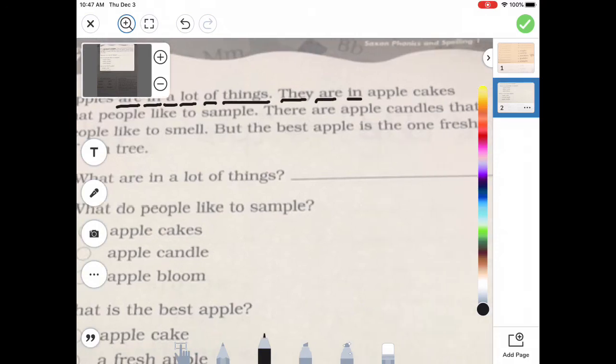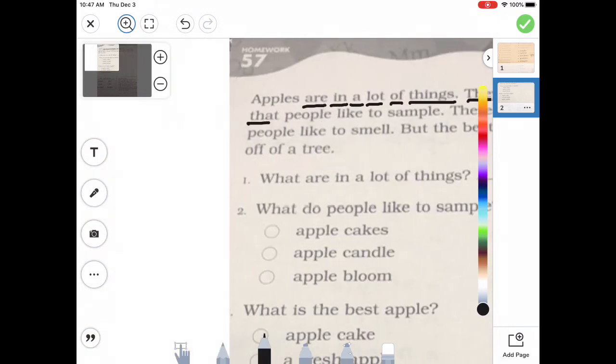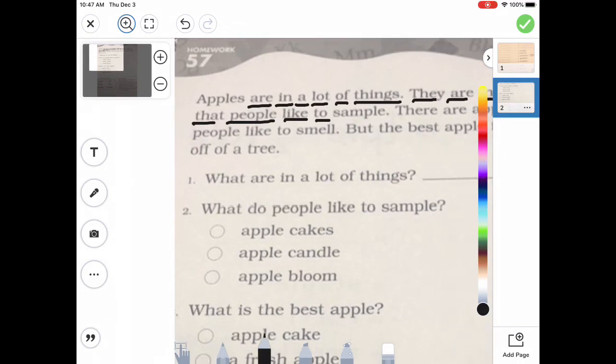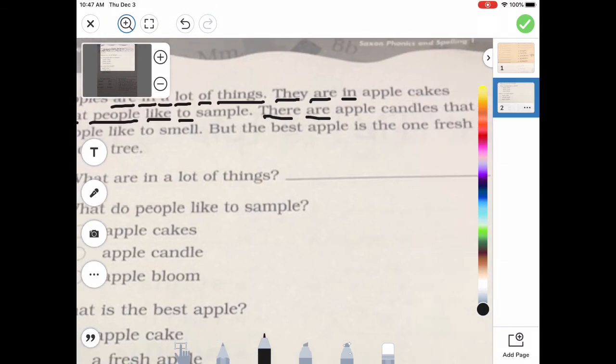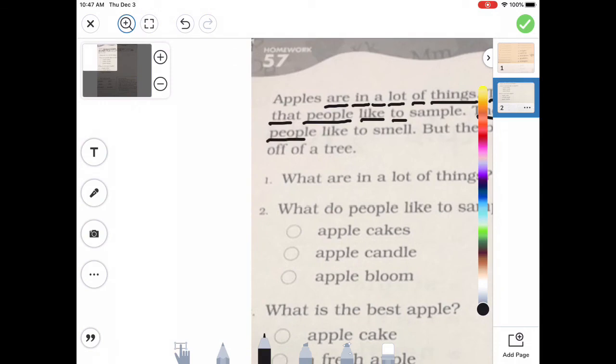They are in apple cakes that people like to, well, let's break this apart. I have sample.